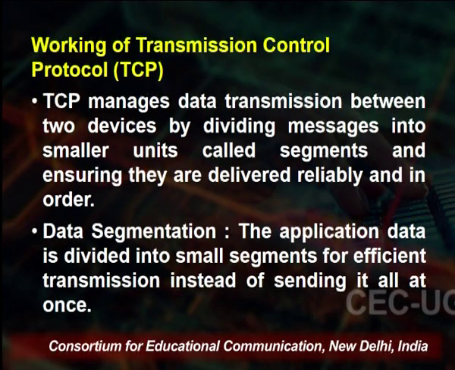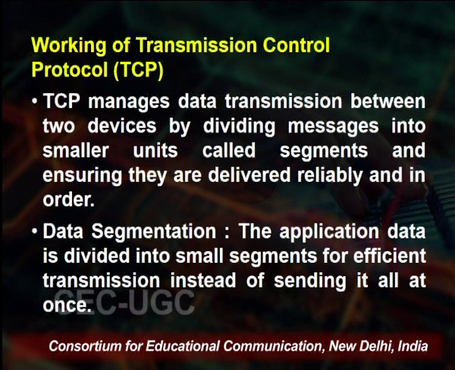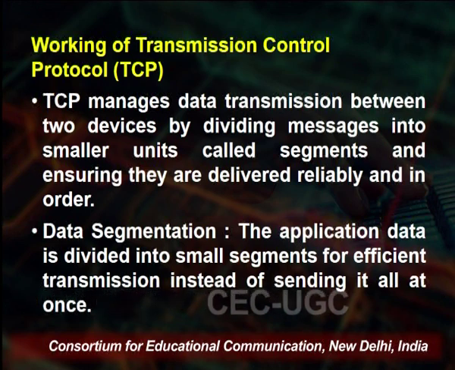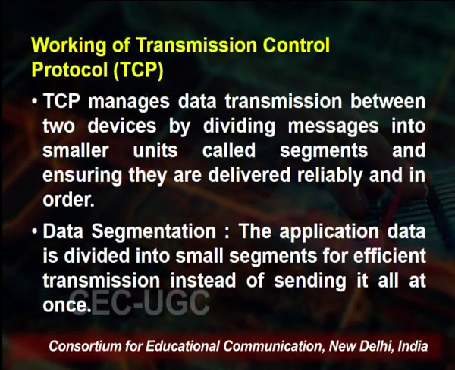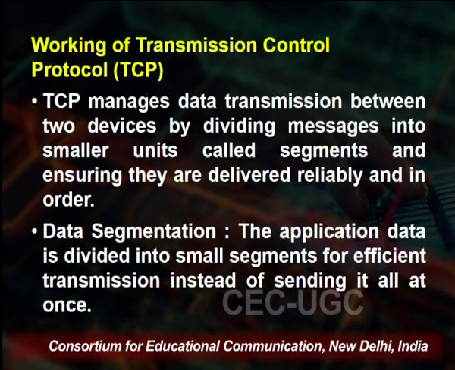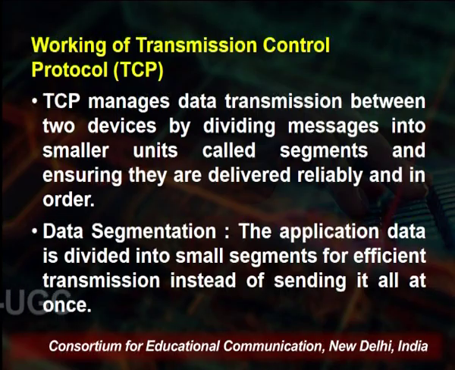The application data is divided into small segments for efficient transmission, instead of sending it all at once, which is an inefficient way. This whole process of dividing the application data into small segments for efficient delivery is called data segmentation.